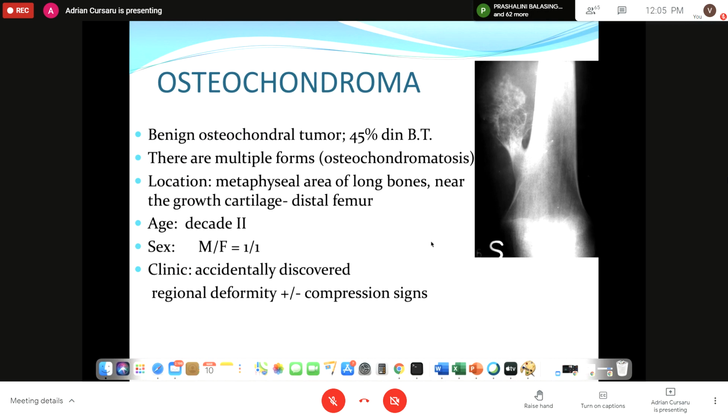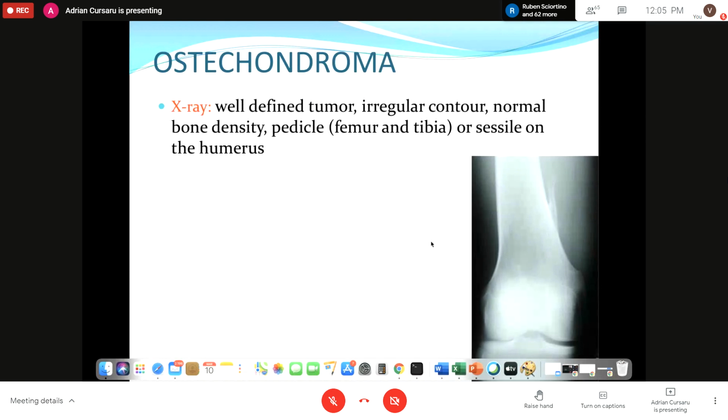In most cases it is in the second decade. There is no predilection for female or male. It is equal for that type of lesion.